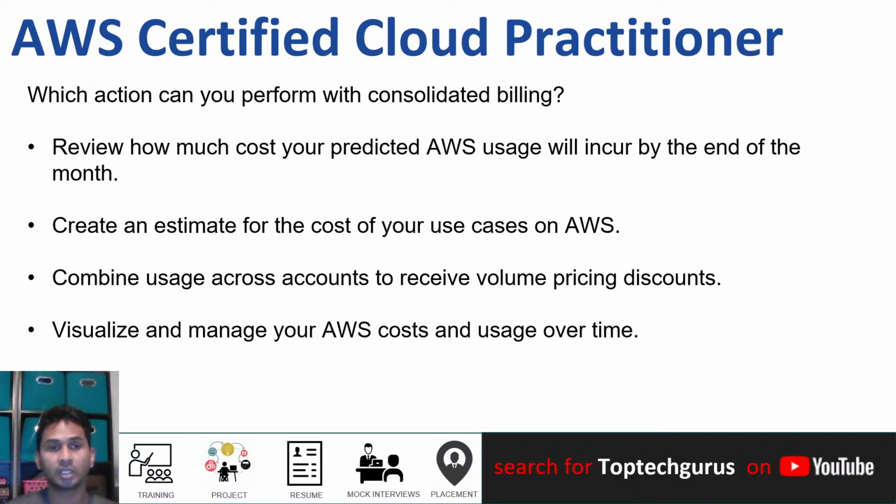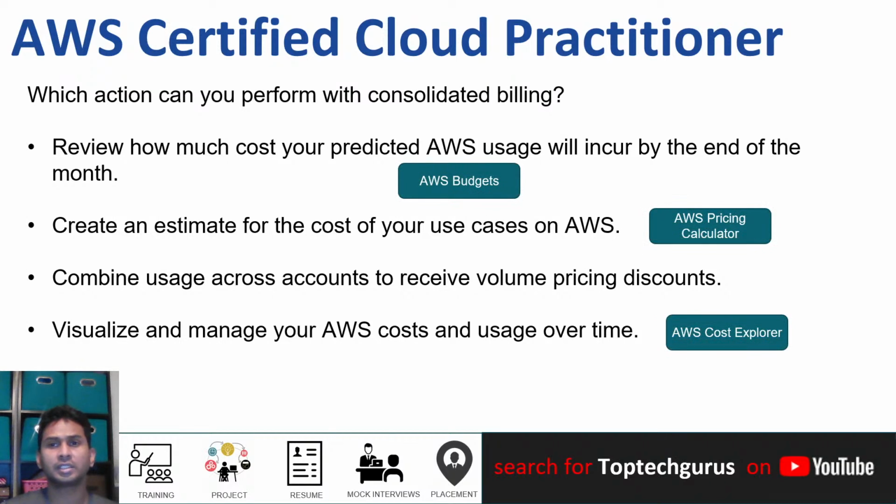But let's move on. The last option is visualize and manage AWS cost and usage over time. So when you want to visualize your AWS cost and usage over time, we know there's a tool for that. It's called Cost Explorer, I believe. So let's look at that.